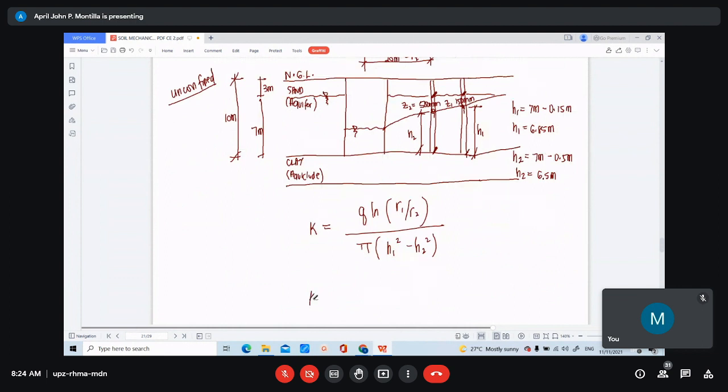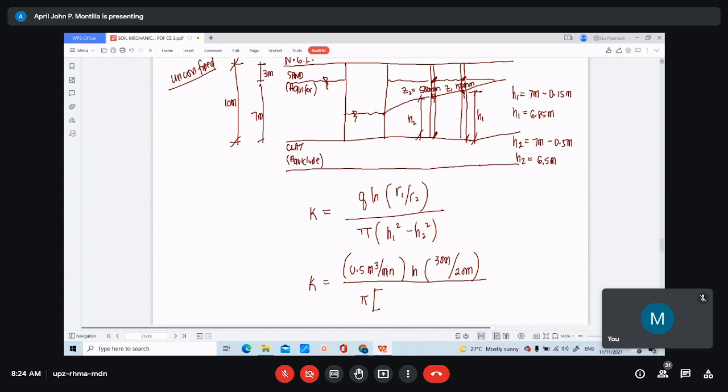Hydraulic conductivity is Q, the flow rate, which is 0.5 cubic meters per minute, ln of quantity R1, which is 30 meters, over R2, which is 20 meters, over pi, multiplied by quantity H1 squared, that is 6.85 meters squared, minus H2, 6.5 meters squared.